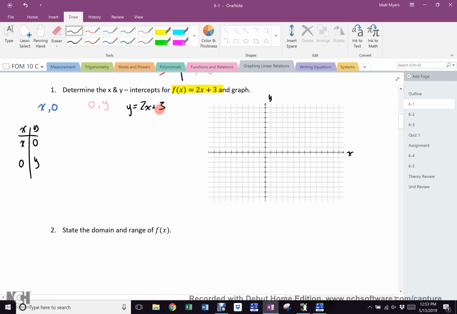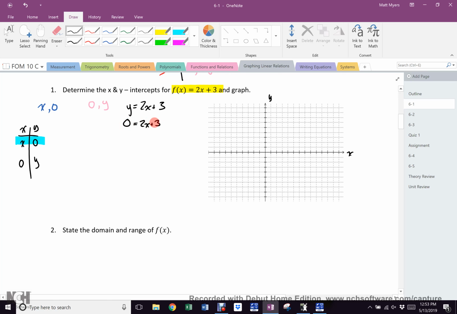Everyone cool? All right. What does that say? What is x? No. X is x. 2x plus 3. What's y? 0.